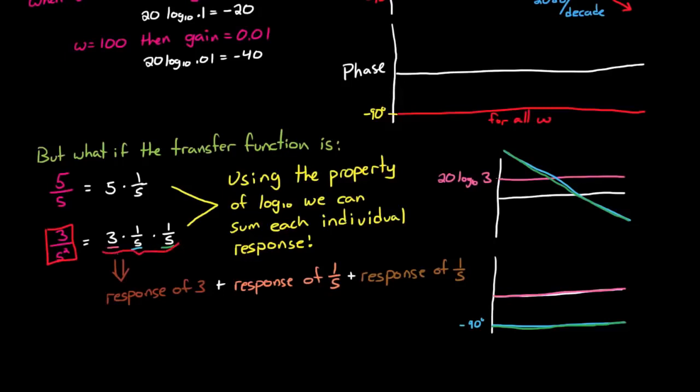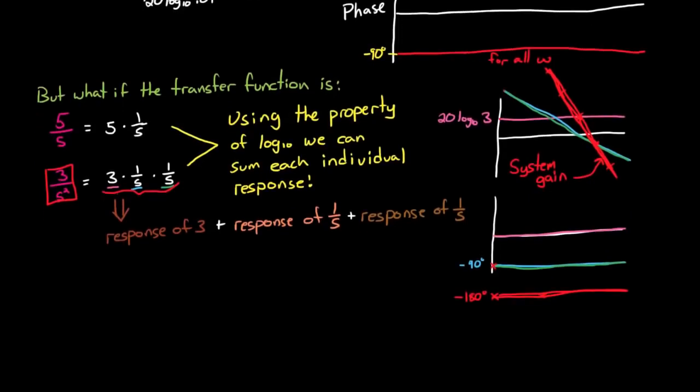So now to get the full response of the system, we just add these three lines together. And when you do that, you'll get another linear line that has a negative slope of 40 dB per decade with a gain added to it of 20 times the log of 3. And the phase would just be 0 minus 90 degrees, which is minus 180 degrees for all omega.